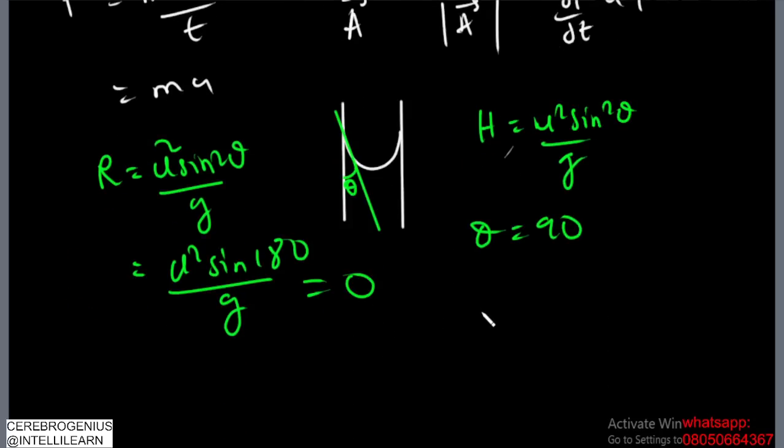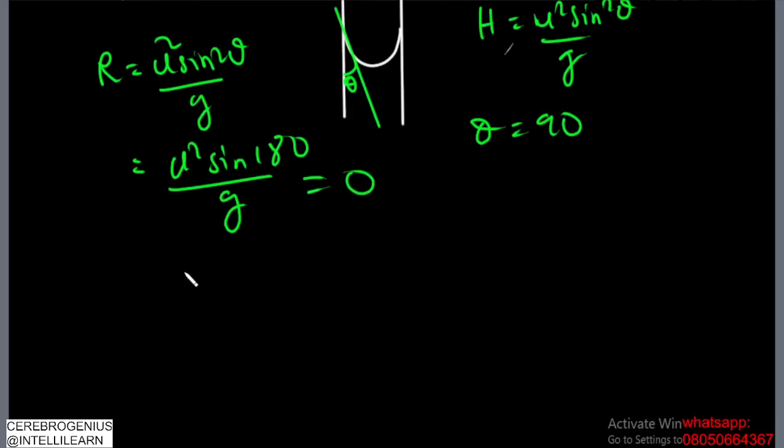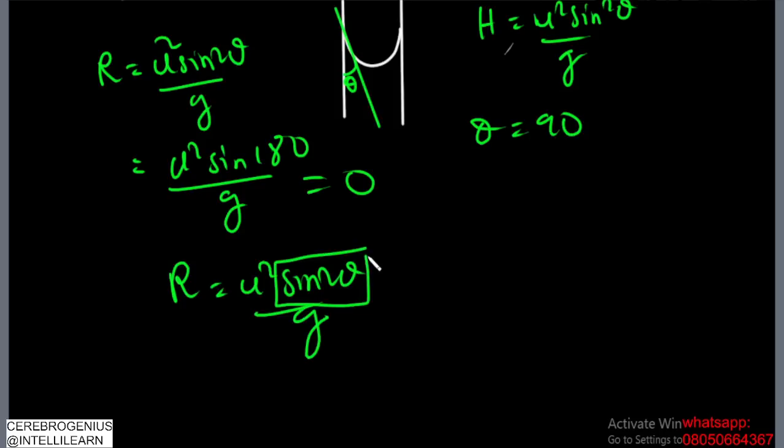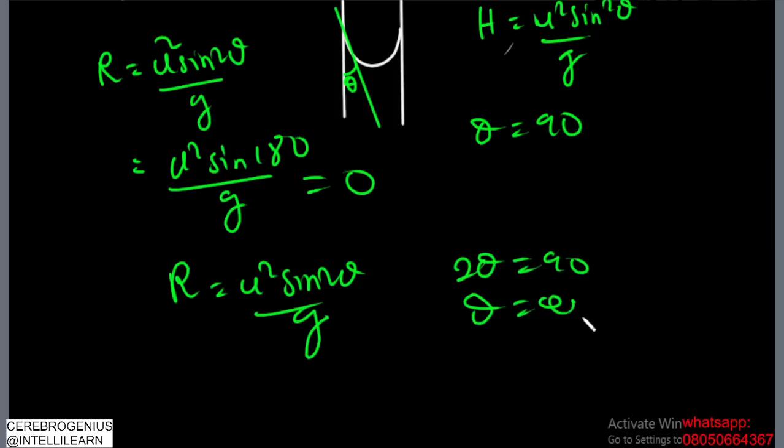The only way that answer will be correct is if they ask for the height at maximum range. That's when it's going to be correct, because at maximum range your R is u square sine 2 theta over g, right? So if R is maximum, that means 2 theta is 90, then theta is 45, right?